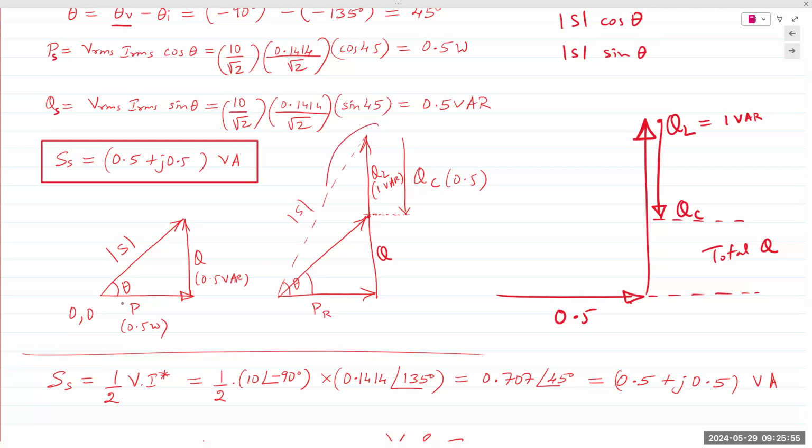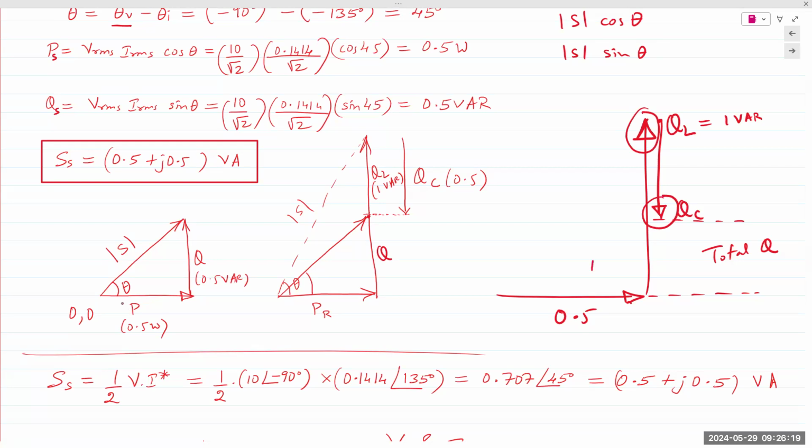And the way it works for the inductor, of course, is that the inductor goes up. It goes up 1 VAR, and then the capacitor supplies half of that power. So total power required in the system from the source is now reduced by half. The reactive power required by the system.